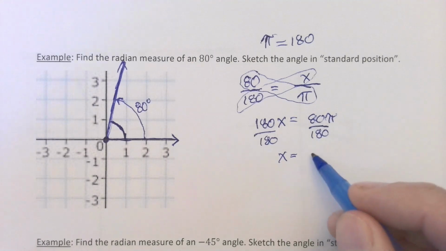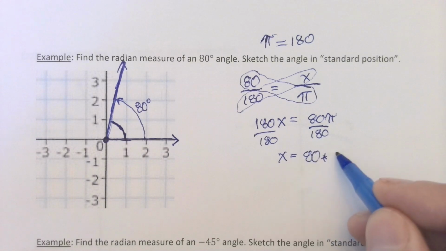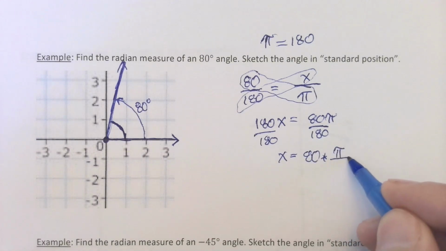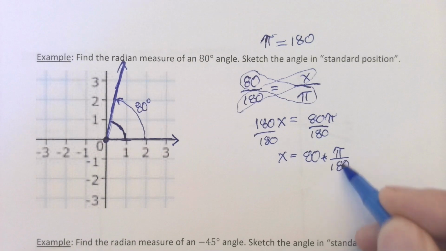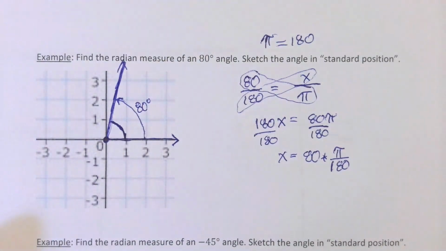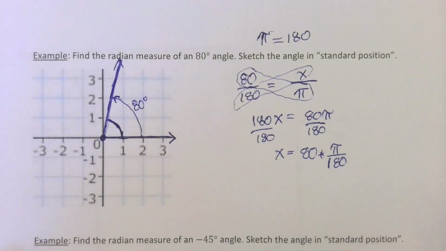And it always comes down to this. When you're trying to get from degrees to radians, just multiply by this. That's a shortcut. Should make a certain amount of sense.